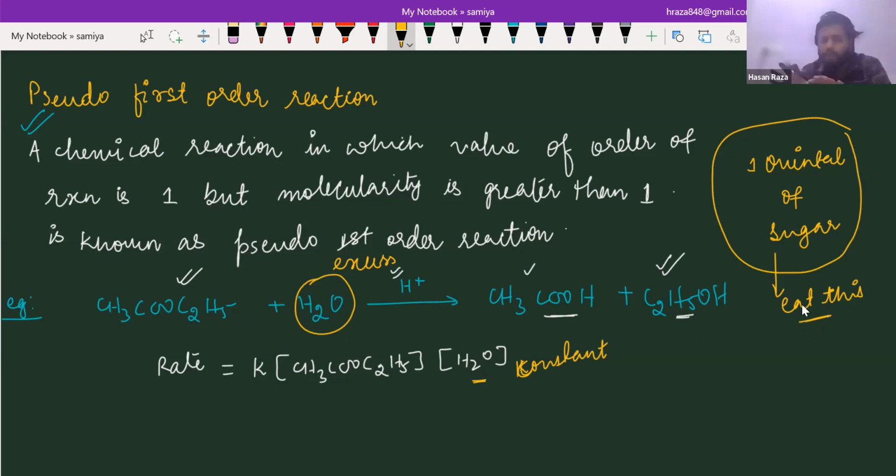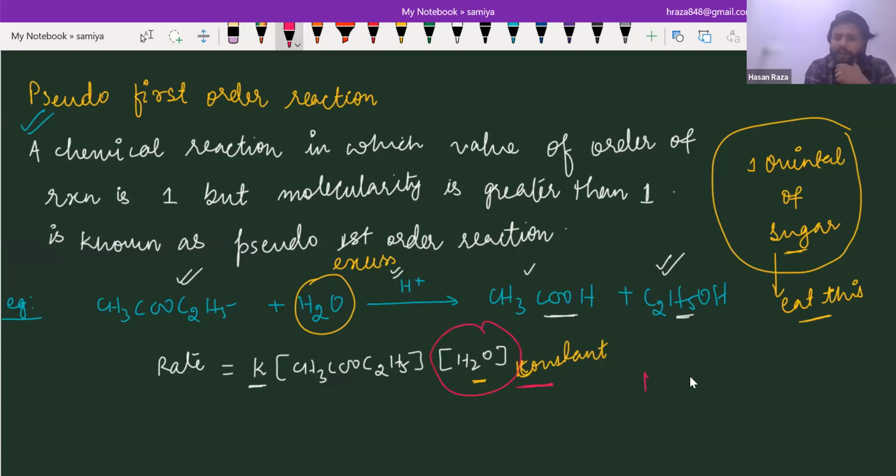So if you use this 1 quintal of sugar, it won't end so soon. So we can take sugar as constant.